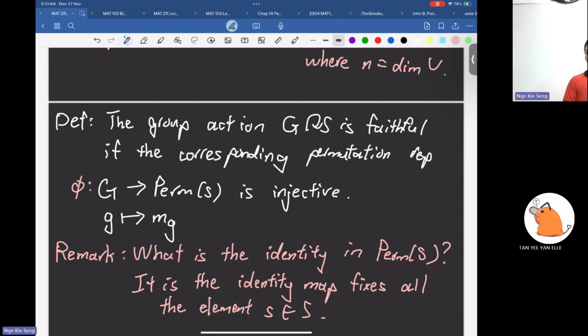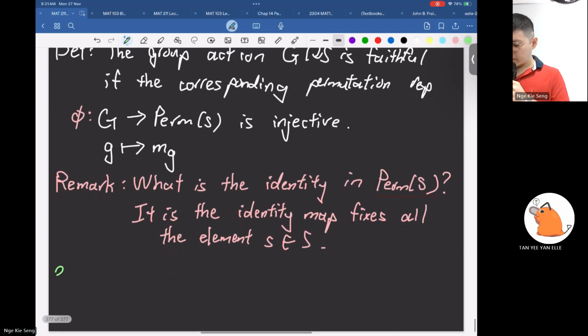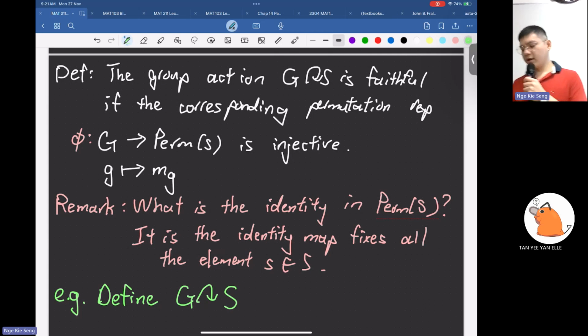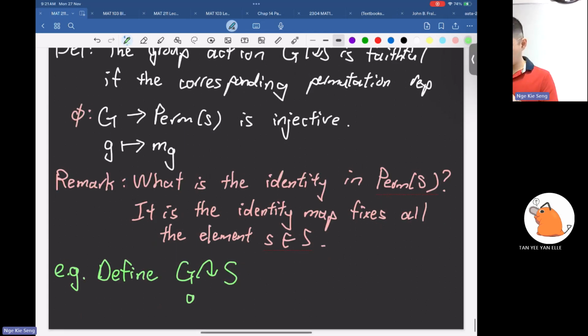So who fixes all of this? It could be everything, right? For example, let's say I define a group action of G on a set X by g composed with s equals s. Meaning, for every group element, they do nothing on my set.